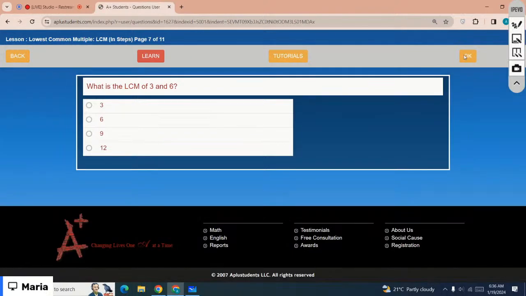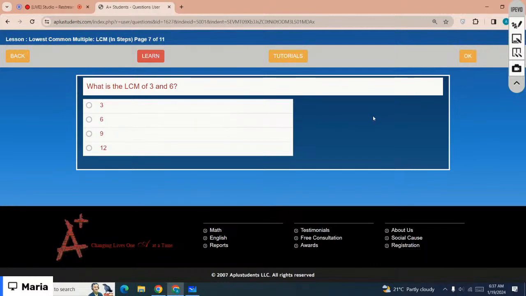What is the least common multiple of 3 and 6? Which is the correct option? The least common multiple of 3 and 6 is 6.